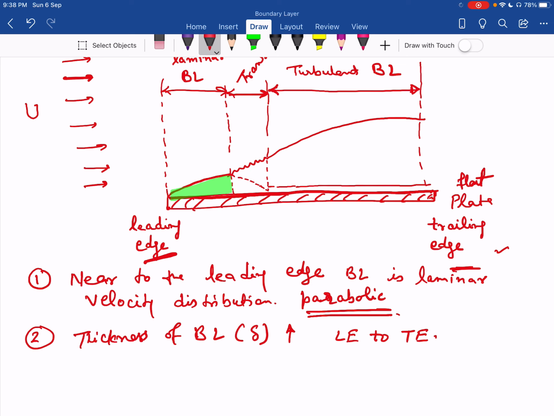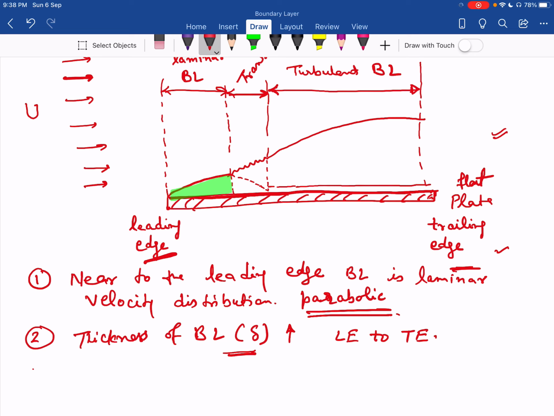This thickness of boundary layer goes on increasing as you see in this diagram. Now this thickness is along the y direction of the plate, along the vertical direction of that plate.